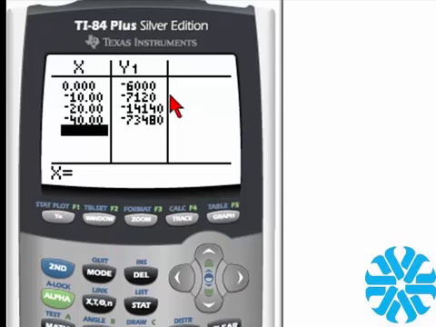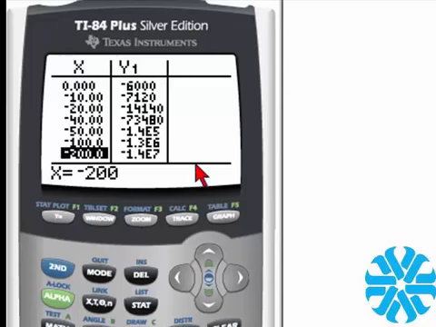So what's happening so far is these values are getting smaller and smaller. Okay, let's go negative 50, and negative 100, and negative 200.